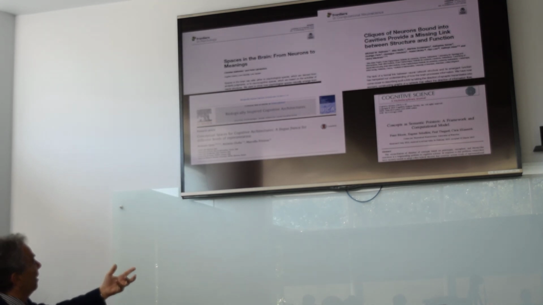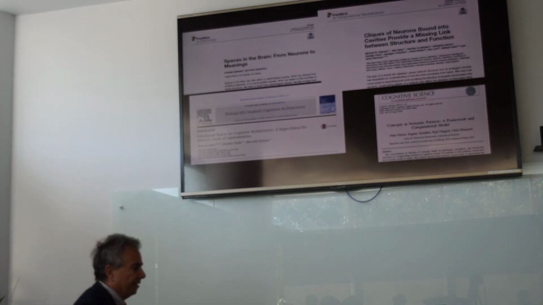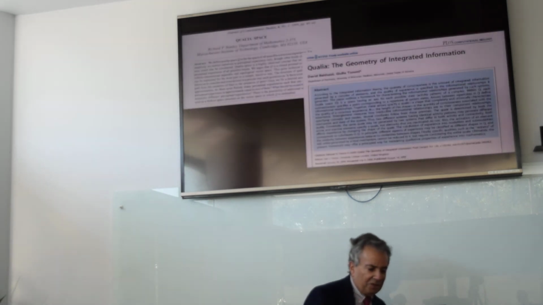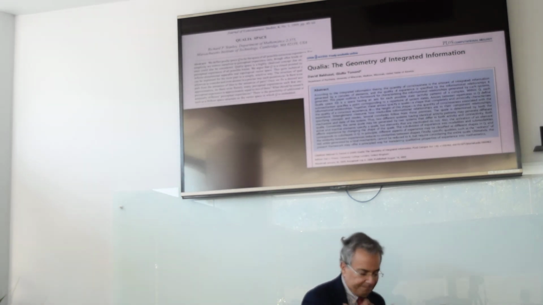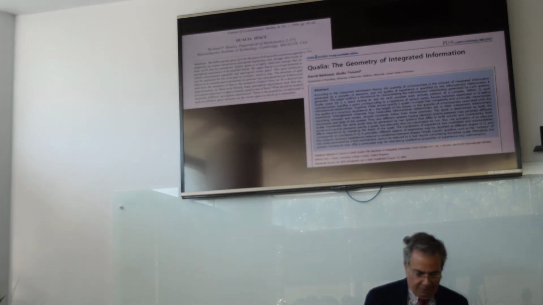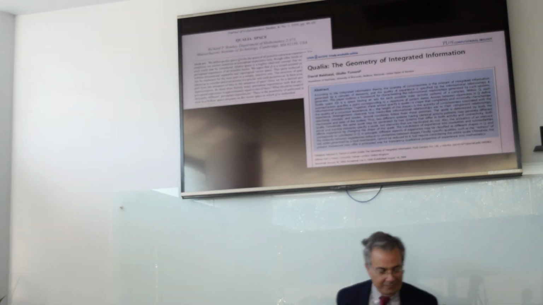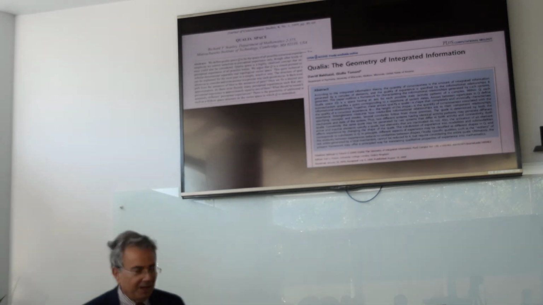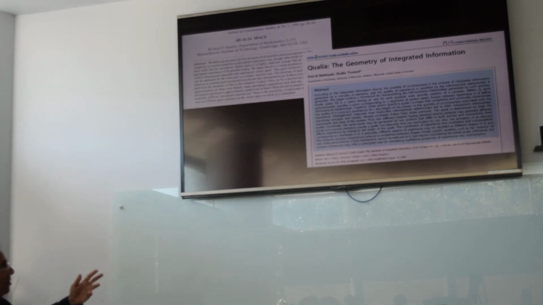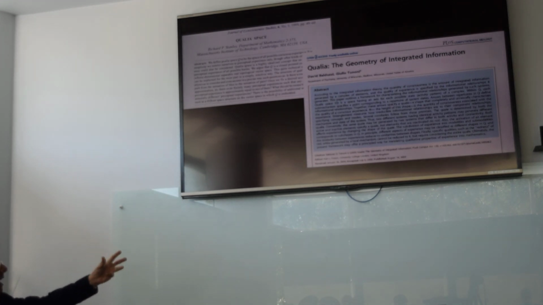And Peter Gärdenfors, of course, and even in terms of real consciousness, Giulio Tononi, who is the father of integrated information theory, proposed a kind of geometry of qualia, in one of his papers with David Balduzzi.